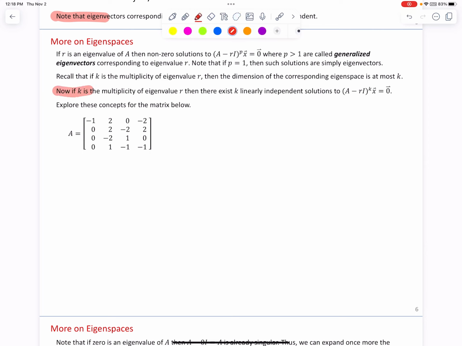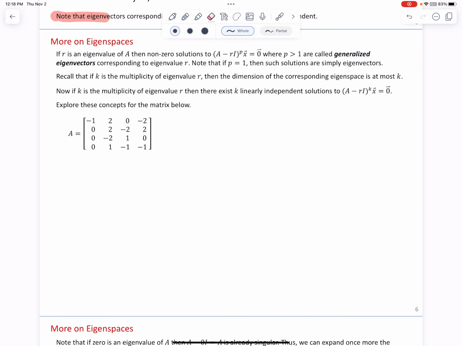But there will exist exactly k linearly independent solutions to (A - rI)^k x = 0. You raise the matrix to the multiplicity of the eigenvalue, solve that system, and you are guaranteed to find exactly k linearly independent generalized eigenvectors.